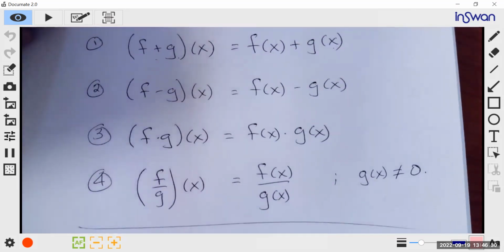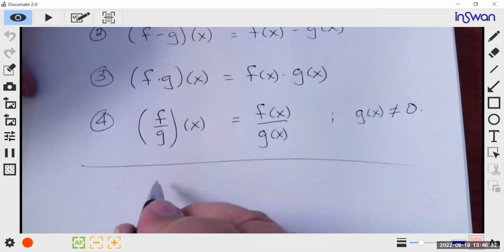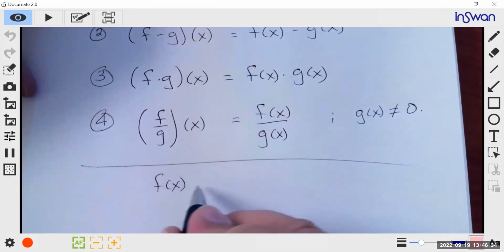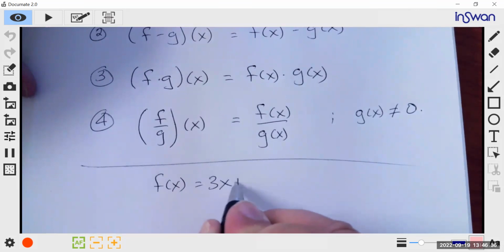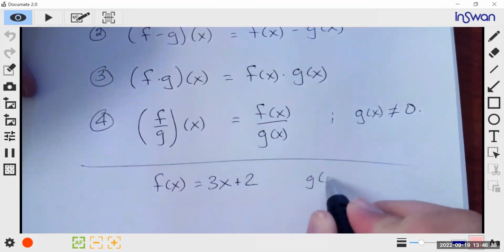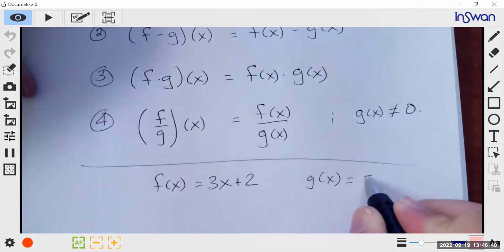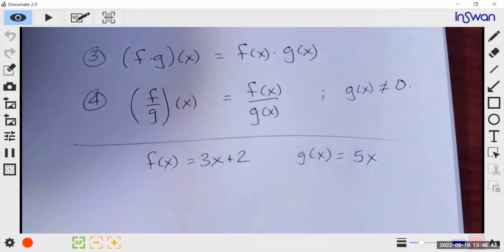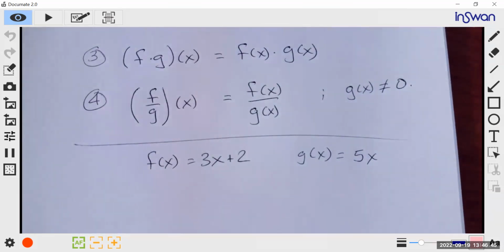So we're gonna go through all four of these. I'm gonna give you the same two functions for all of them. f of x is 3x plus 2, and g of x is 5x. These are our two functions we're going to use.